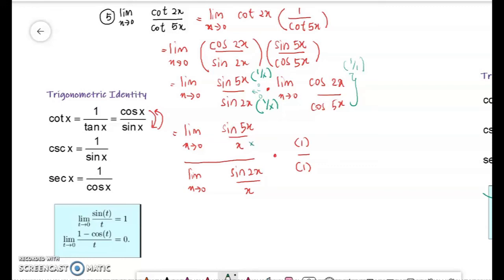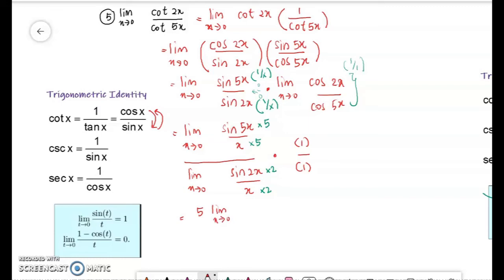This one can times with 5, this one also times with 5. For here, we need to times 2 and this one times 2. So what you can do is bring 5 to the outside, because 5 is a constant.